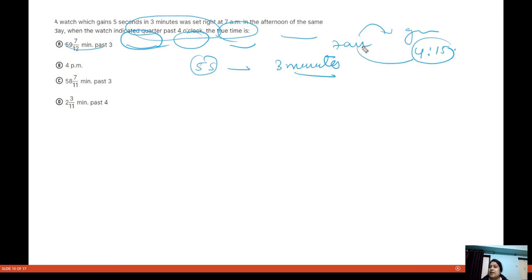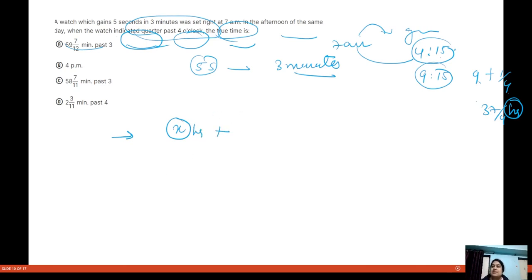Actually, this is 9 hour 15 minutes. And what is 9 hour 15 minutes? 9 plus 1 by 4. So we know, 9 4s are 36, 37 by 4 hours. Now we are saying that let the true time be x hours.